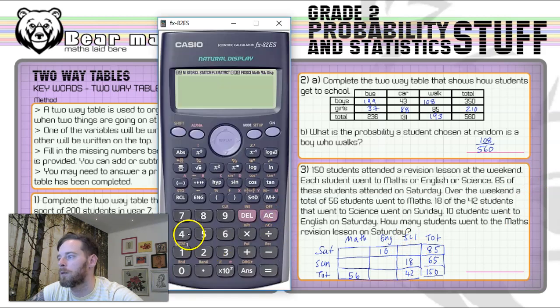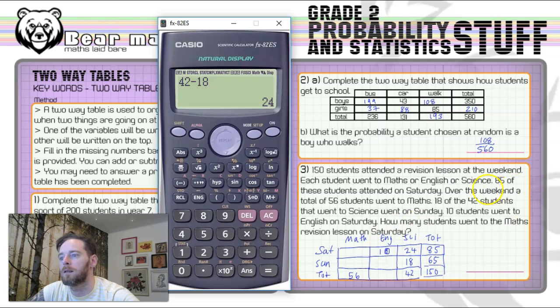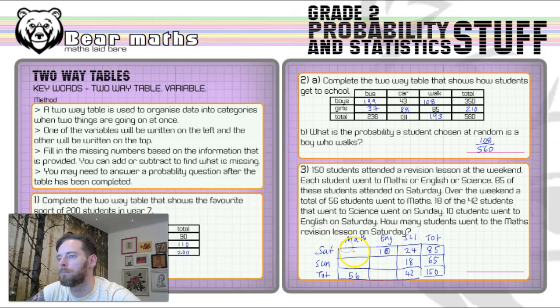We can get that one. 42 minus the 18 equals 24. And then 85 take away 24, take away 10. It's going to give us our maths on Saturday. 85 minus the 24 minus the 10. It is 51. So there we go. We've got 51.